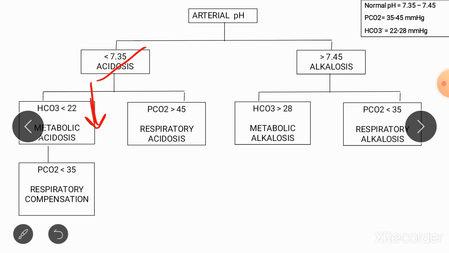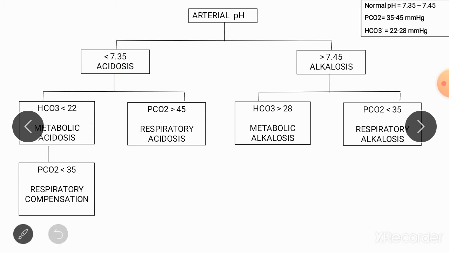If the partial pressure of carbon dioxide is also reduced, immediately understand that the lungs are compensating. But if the partial pressure of carbon dioxide is not reduced and it is normal, then you will say that the lungs are not compensating for this metabolic acidosis.